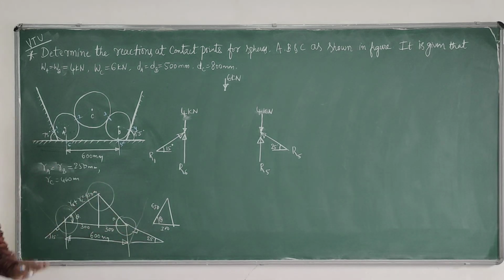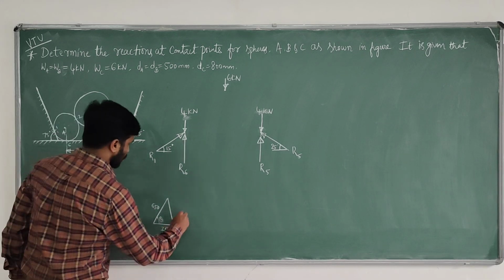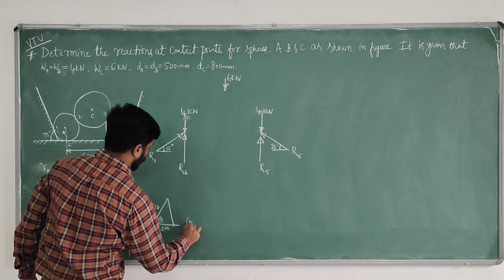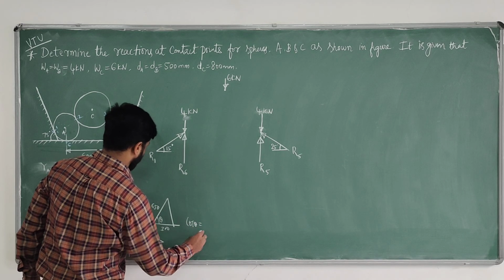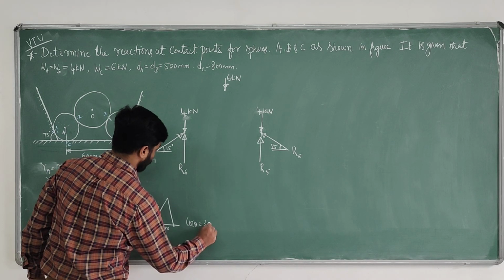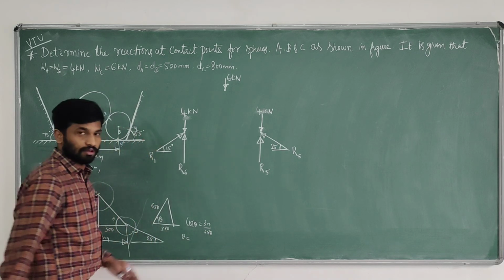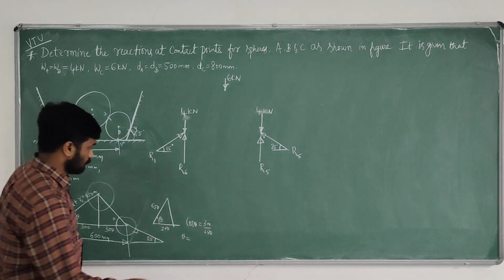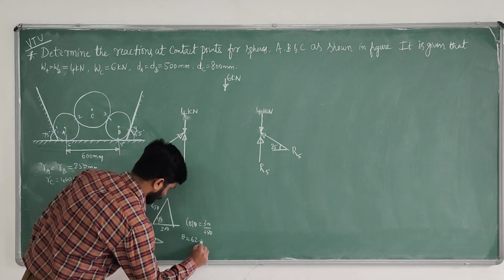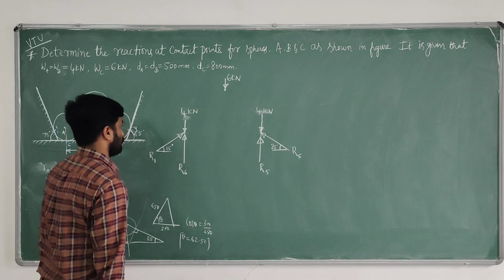Which trigonometric function do you have to use? Cos theta equals adjacent by hypotenuse. So cos theta equals adjacent 300 divided by 650. Theta equals cos inverse of the answer, which is 62.51 degrees.